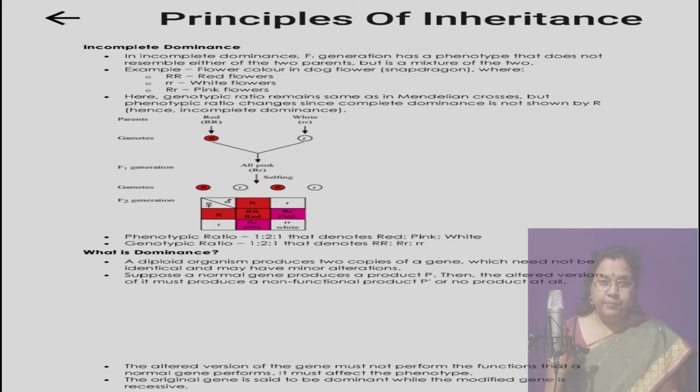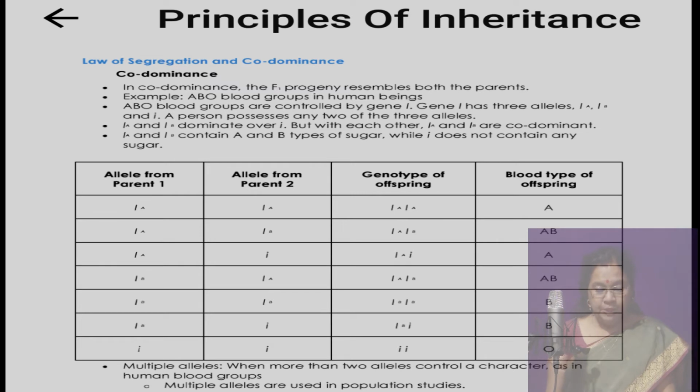Let's see the example of the human blood group ABO system. The ABO blood group system is controlled by the gene I, and the three alleles which form the four blood groups of the human being are IA, IB and small i or IO.